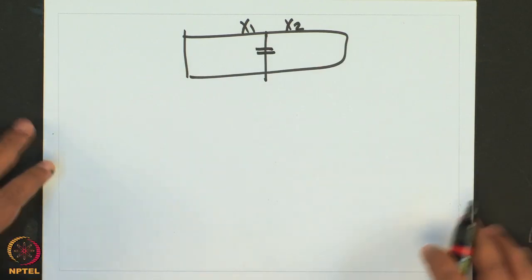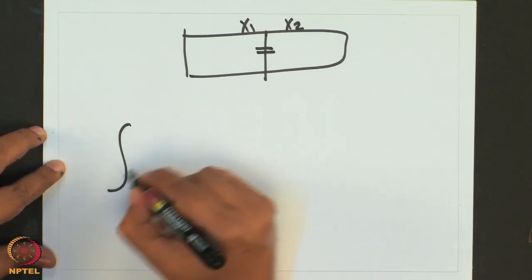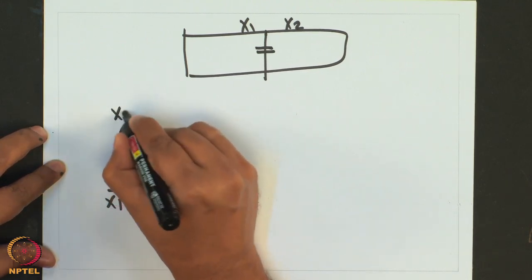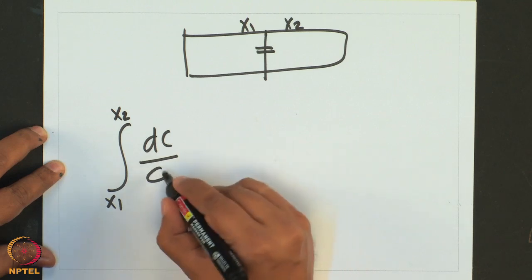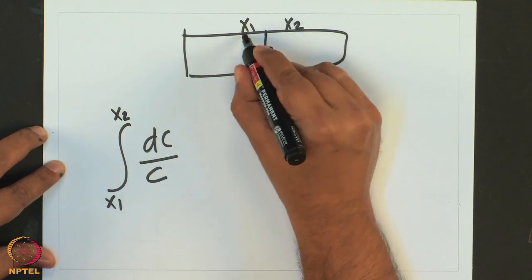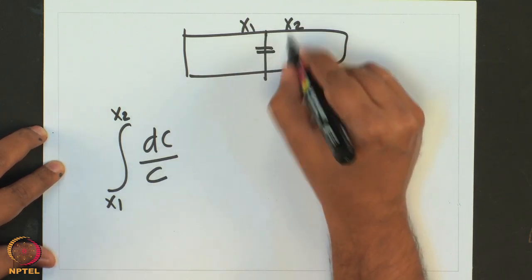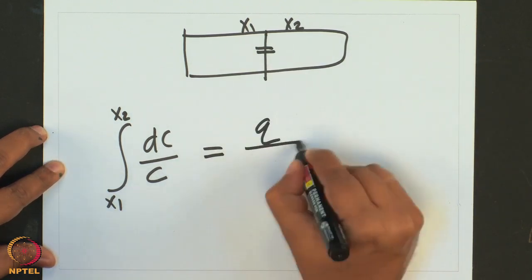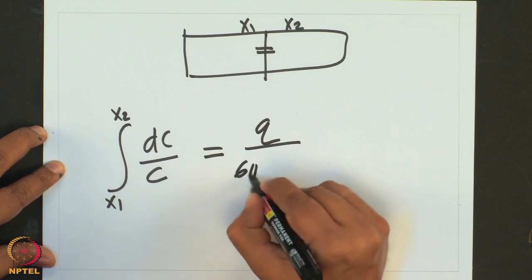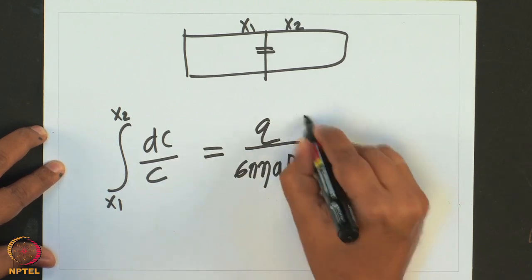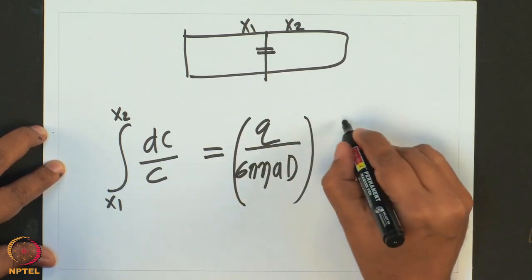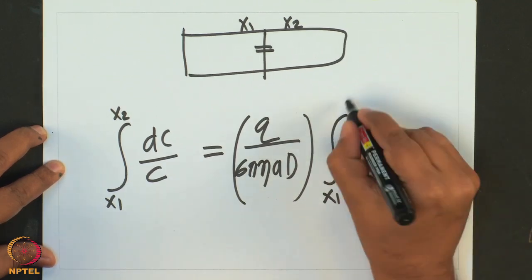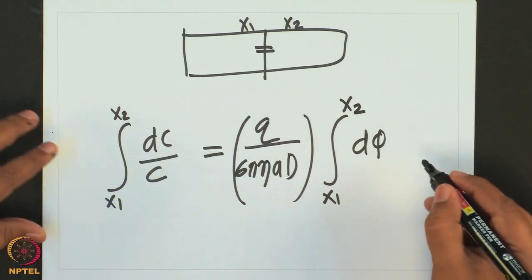Now if I rewrite this, I get the integral of dc by c from x1 to x2. The c is a function of x1 and x2: at x1 there is a concentration, and at x2 there is a concentration. This is equal to q by 6 pi eta a D times the integral of d phi from x1 to x2.